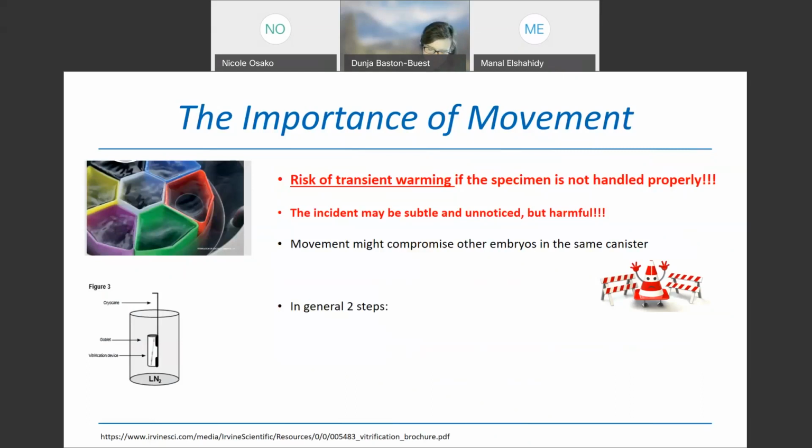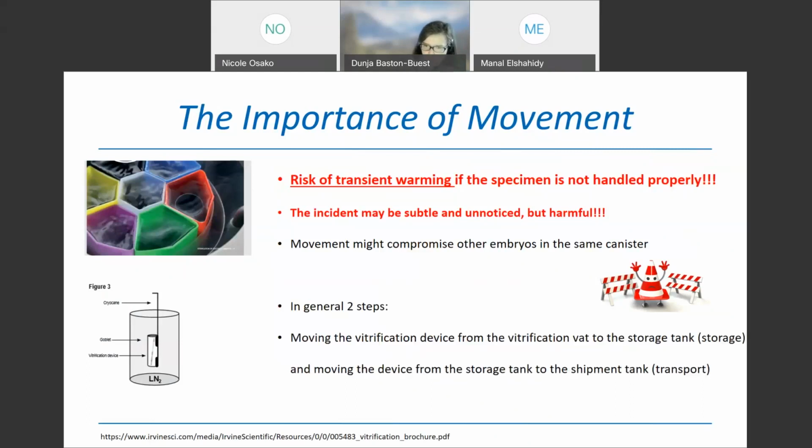In general, we've got 2 steps of movement. First of all, from the vitrification vat or box to the storage tank, and then the moving of the device from the storage tank to the shipment tank in case of a transport. And always think about the safety equipment.